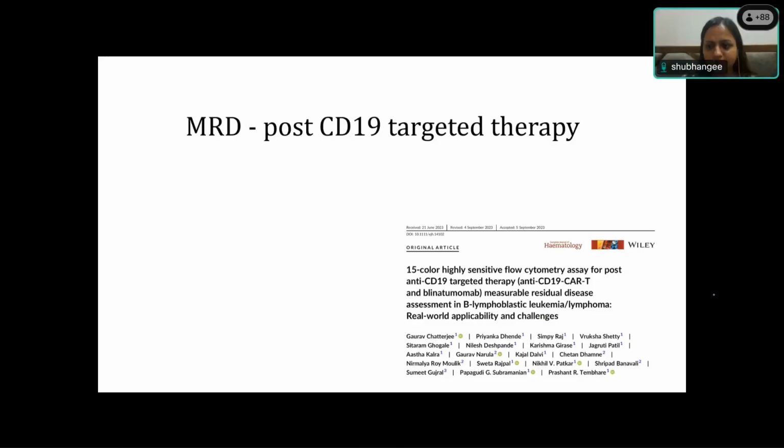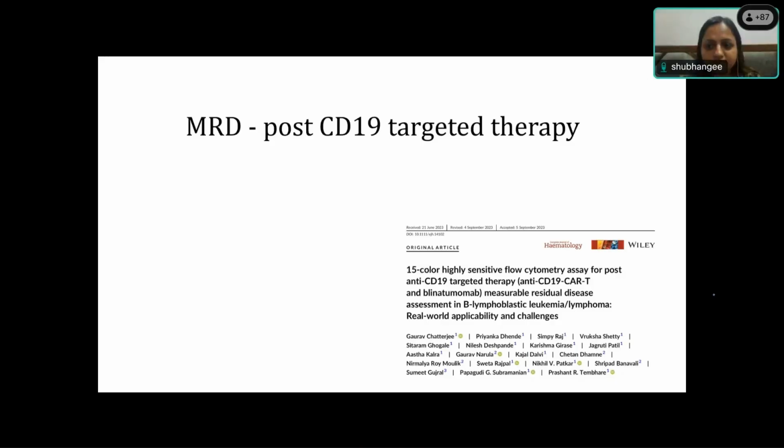As science goes ahead, we come to know more and more. That figure was from 5 or 10 years back. In the last 10 years, a lot of research has been done, and we know that these are the two additional stages which are CD19 negative.